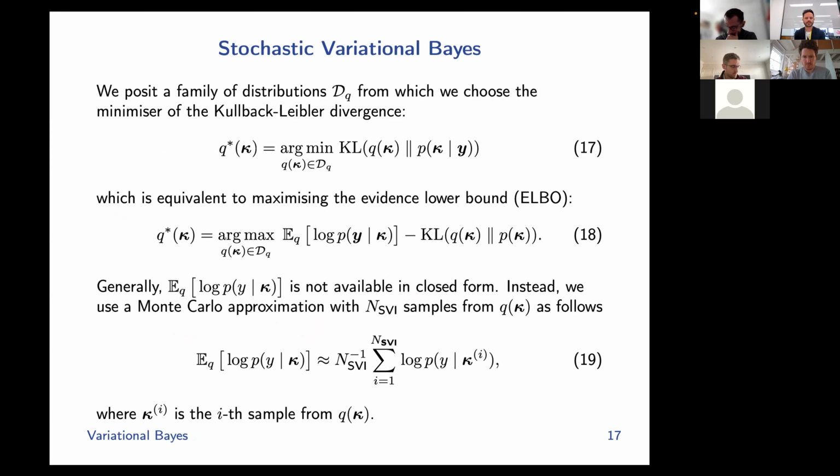So what we do is we follow the variational Bayes approach, where we posit the family of distributions from which we choose the minimizer of the divergence between the posterior and the family.